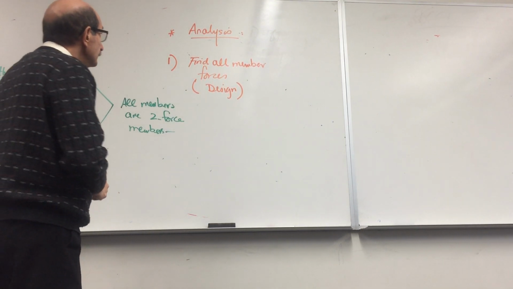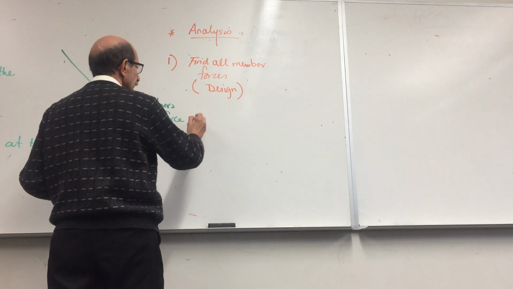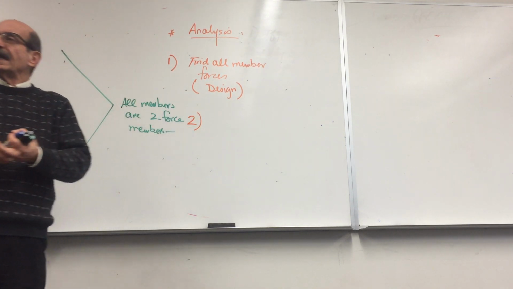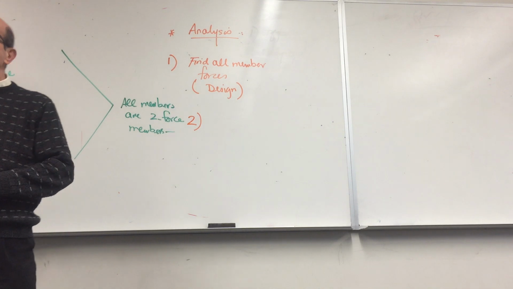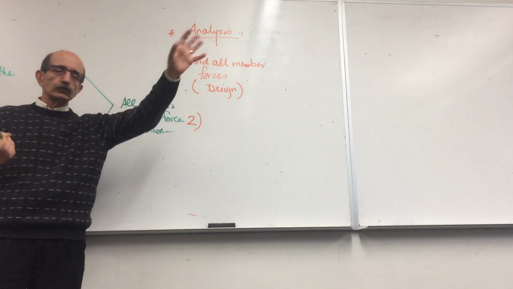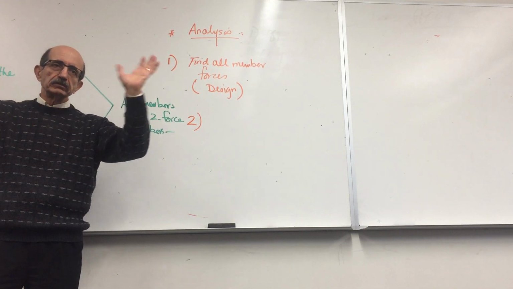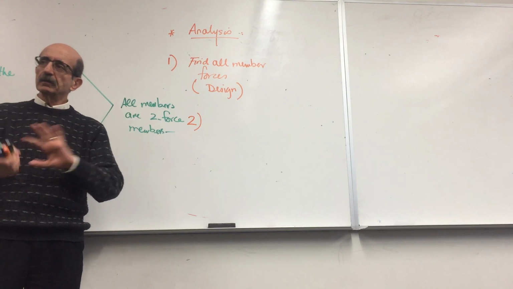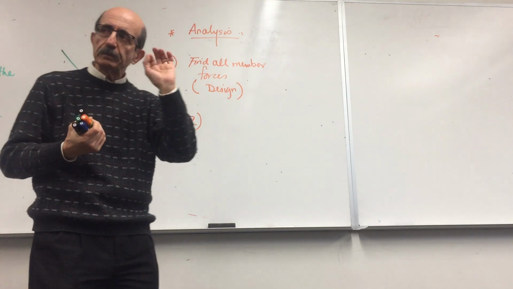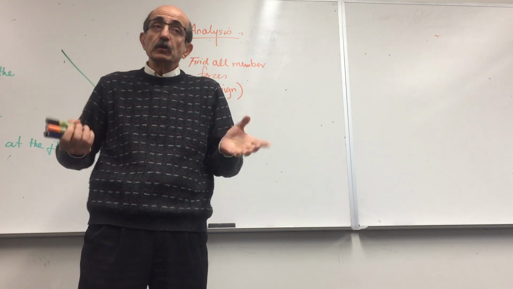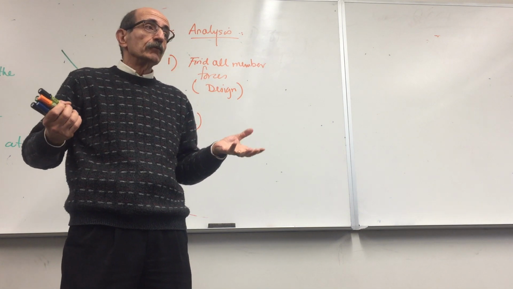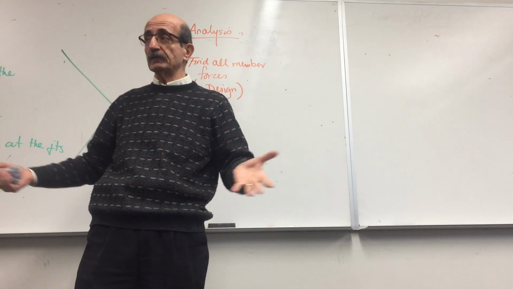The second type of analysis is that you already have a truss there. For some reason, maybe one or two members are deteriorating, rusted, or broken, and you only want to replace those few members. You do not need to find forces in every single member of that truss.